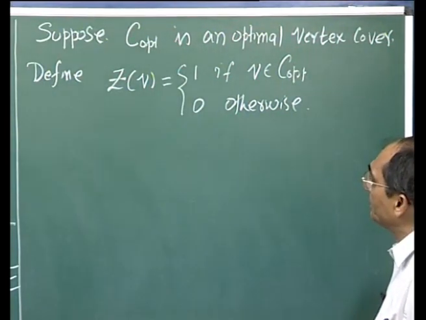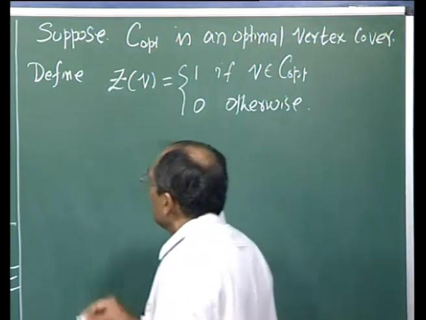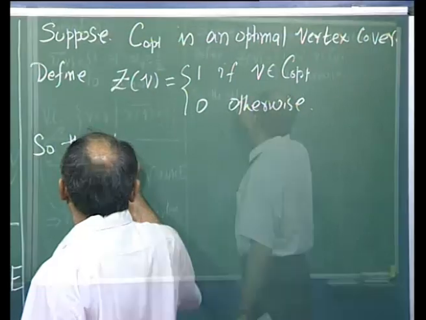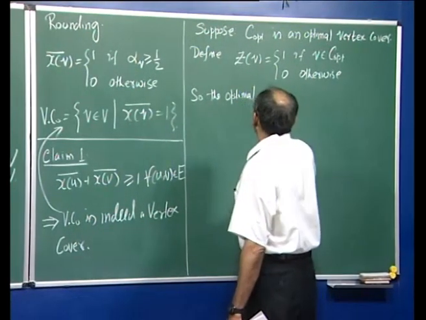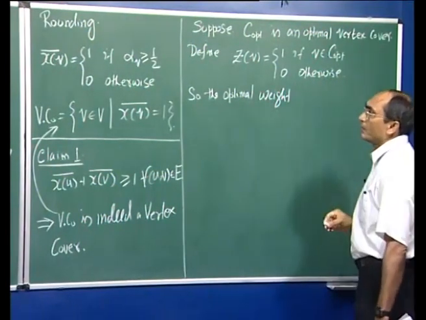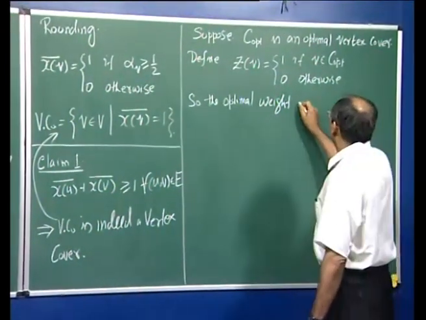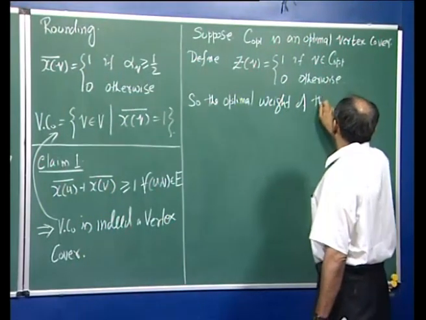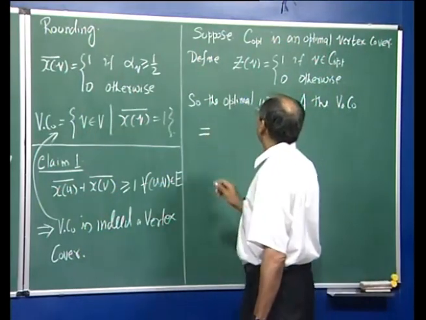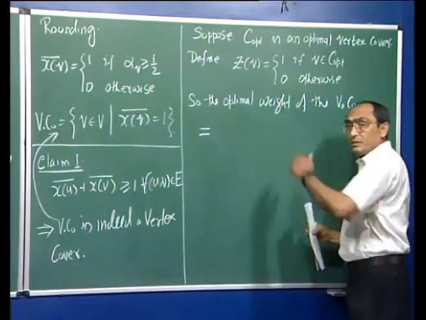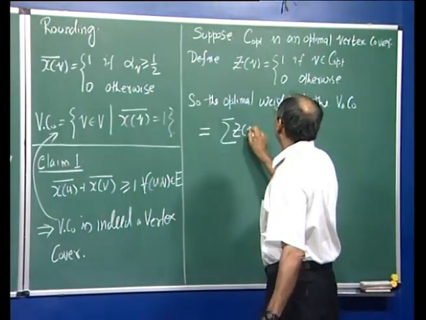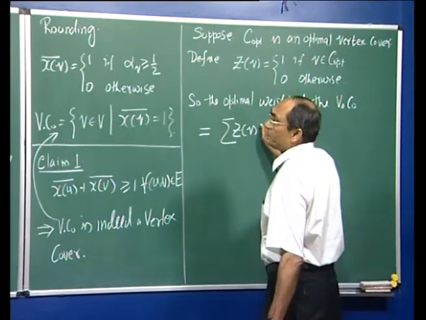Now, the optimal weight of the vertex cover, that is the weight of this optimal vertex cover, is the sum of ZV times WV.